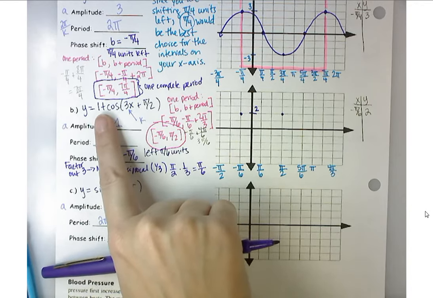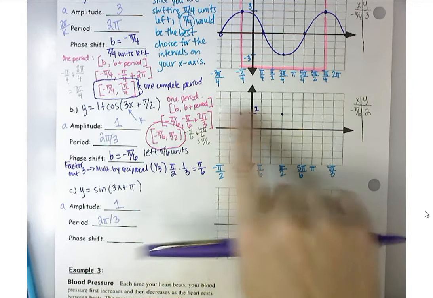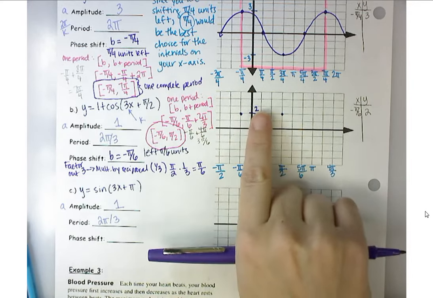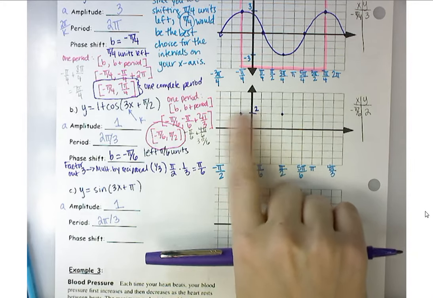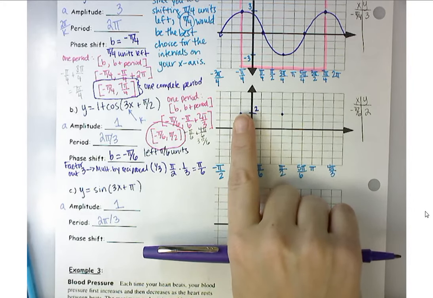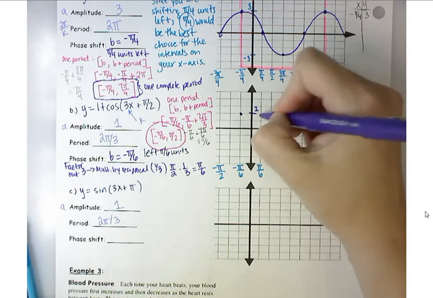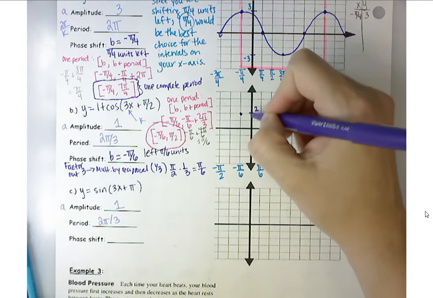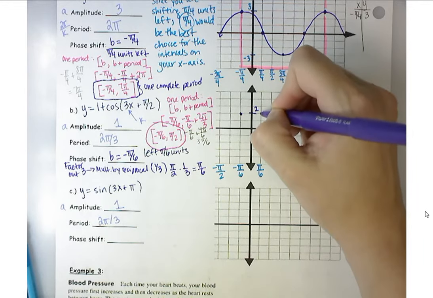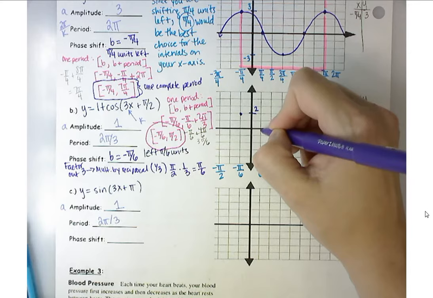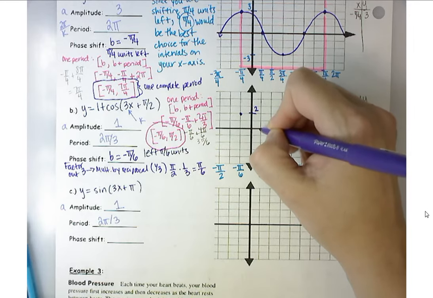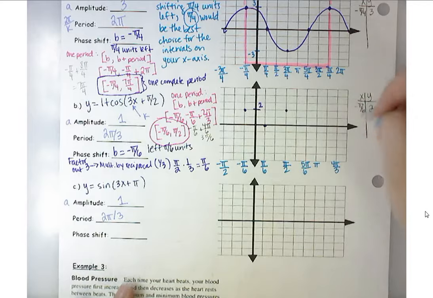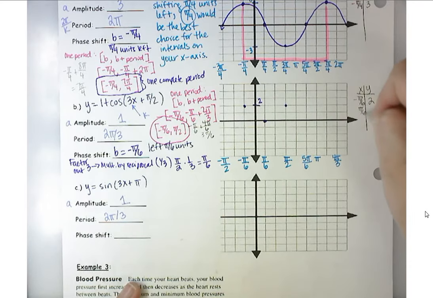So now your new minimum is 0. And that's going to happen halfway in between. So how many units is 1 period on this? Okay, so if it's 1, 2, 3, 4 units, I know the minimum happens halfway in between, which would be at pi over 6.